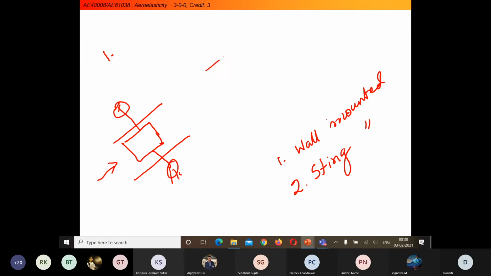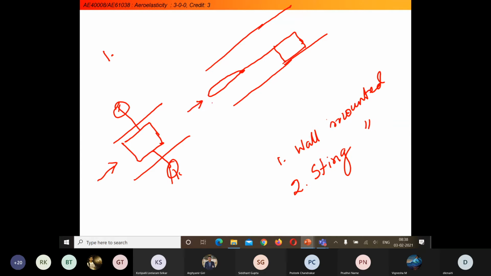In the sting mounted model, let's say there is a holding mechanism at the trailing edge, and there is a cantilever portion, and on the cantilever portion the aerofoil is mounted. The flow is in this direction.